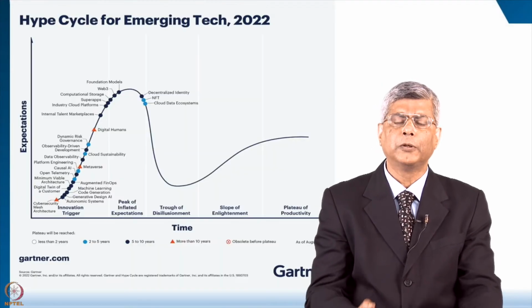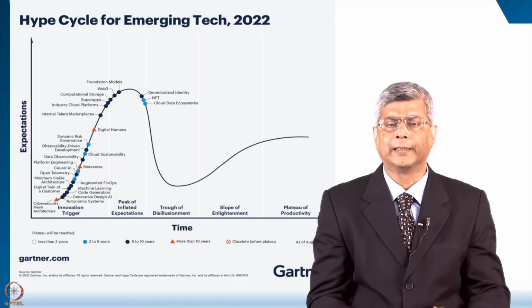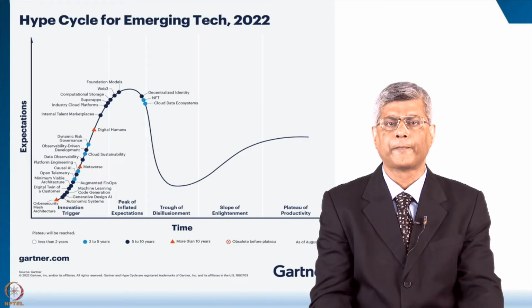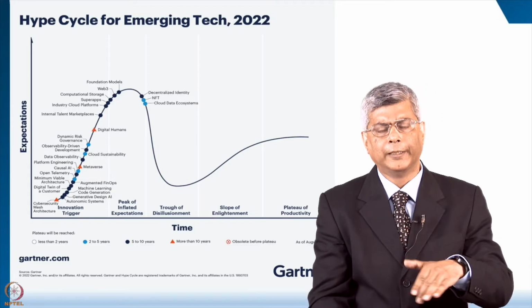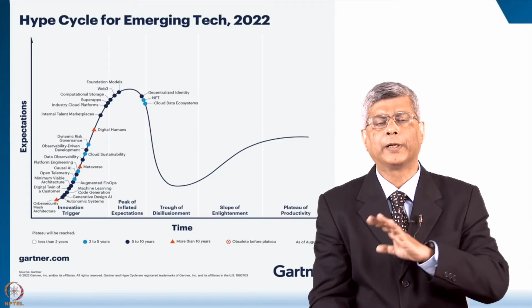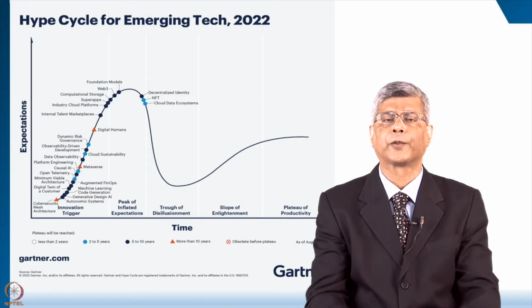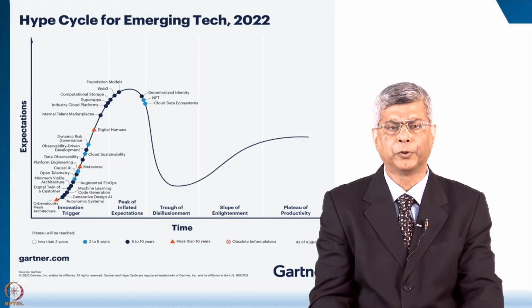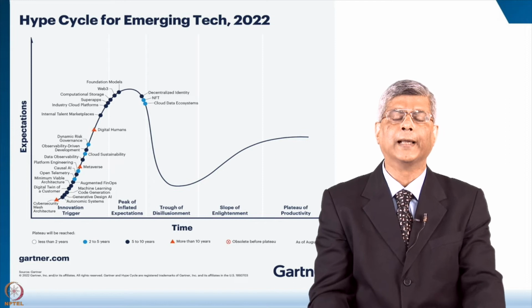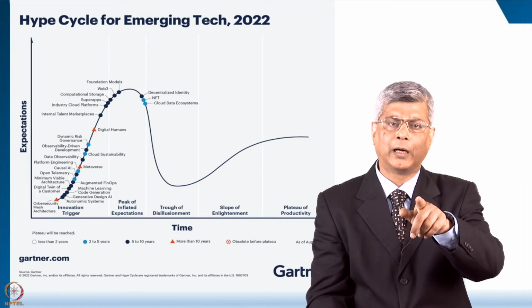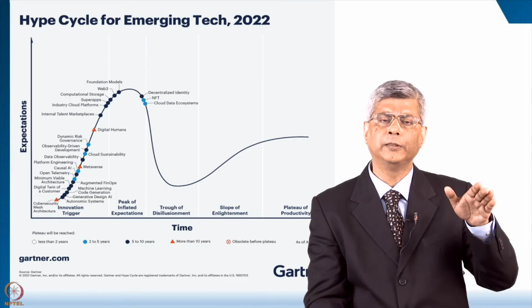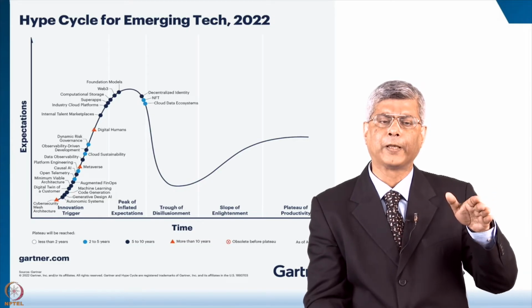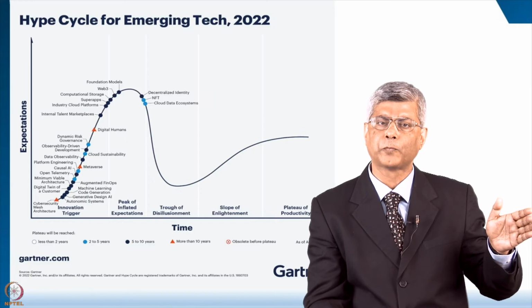There are also technology trends that come up, and Gartner does a very good job of researching and declaring what are the emerging trends. So this is an extract from a Gartner report for 2022. And you can look at what are different technologies which are emerging, which are mostly on the left side.